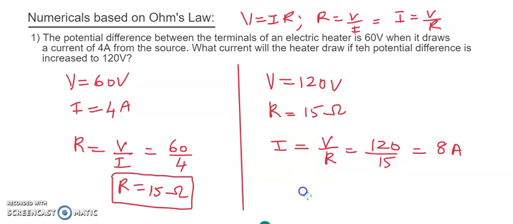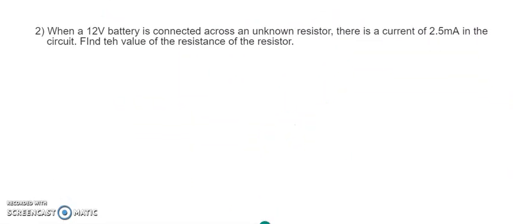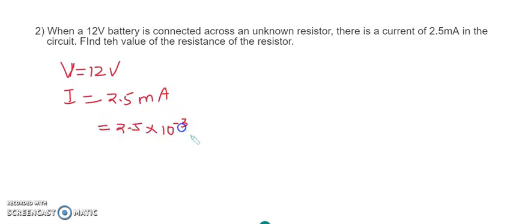Okay, next question. When a battery of 12 volt is connected across an unknown resistance, there is a current of 2.5 milliampere. We have to find the value of the resistance. So voltage is 12, current is 2.5 milliampere, which is 2.5 times 10 raised to minus 3 ampere, which is 2.5 divided by 1000, which can be more precisely written as 25 divided by 10,000.